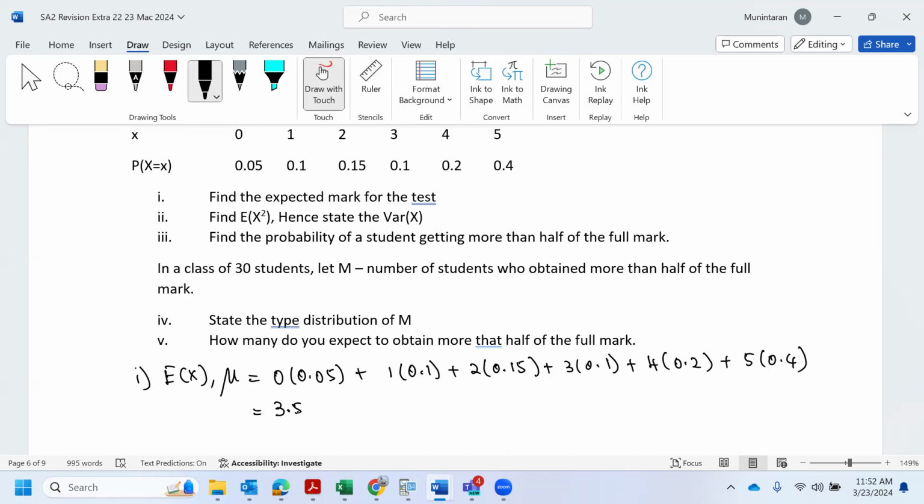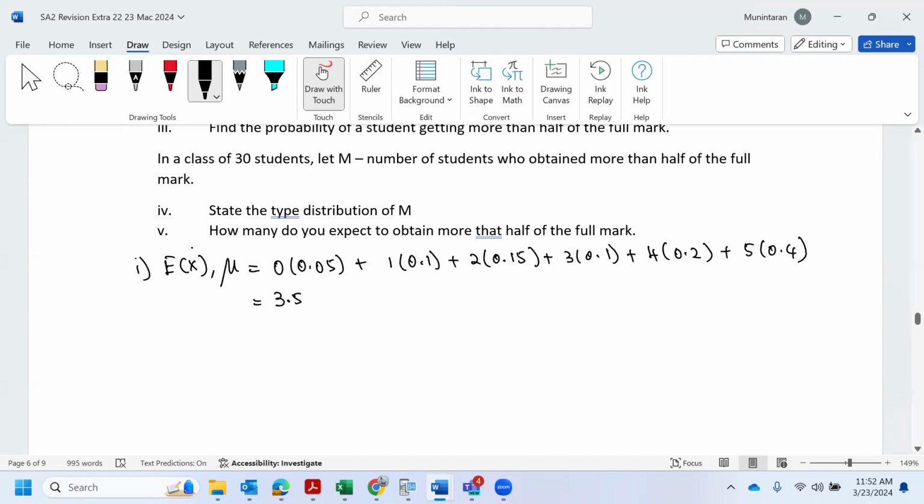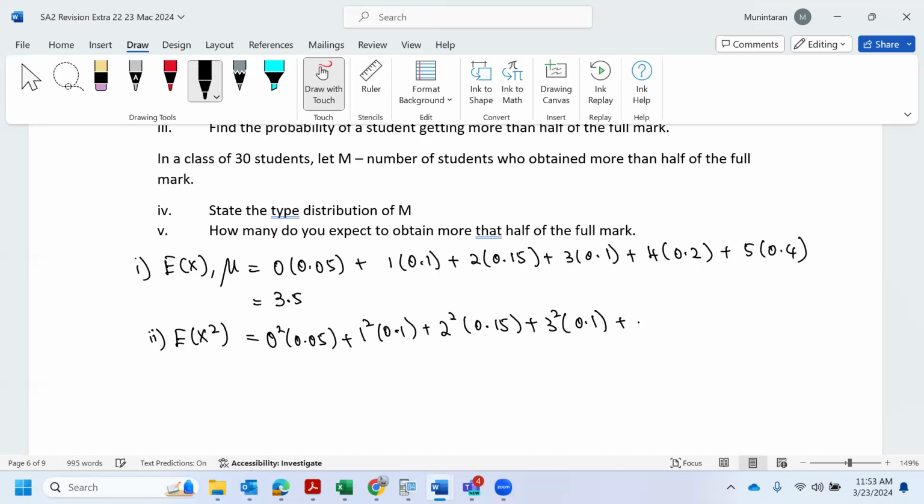You are asked to find the EX squared. EX squared is similar to the EX, but you have to square your X. So EX squared is actually your random variable squared times the probability, plus the random variable squared times the probability, and so on for each value.